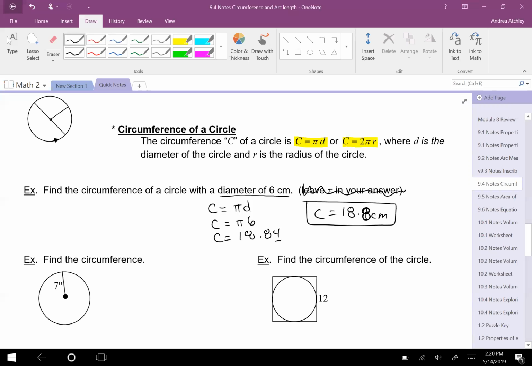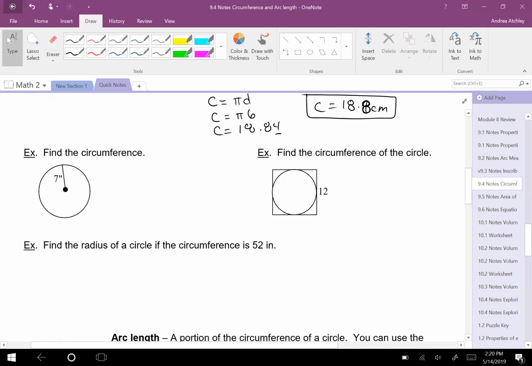So the next is the circumference. Now they give you the radius of 7. So we're going to use circumference equals 2 pi times the radius.